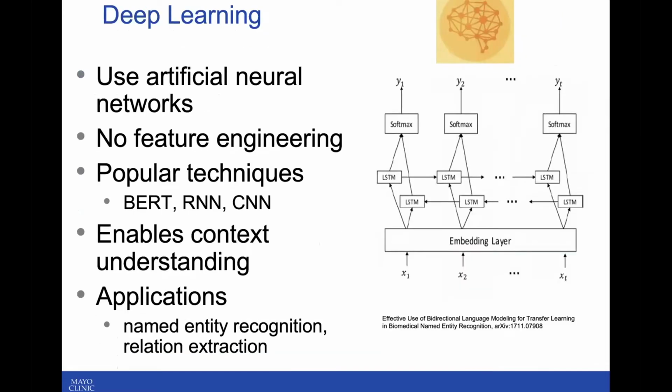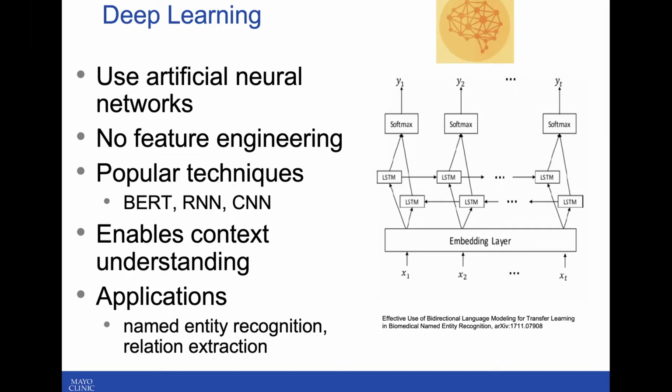The last one is deep learning. This is a subset of the machine learning field, but specifically deep learning uses artificial neural networks. One of the advantages is that usually we don't need feature engineering. We can just feed raw data into the deep learners so they can learn from that.